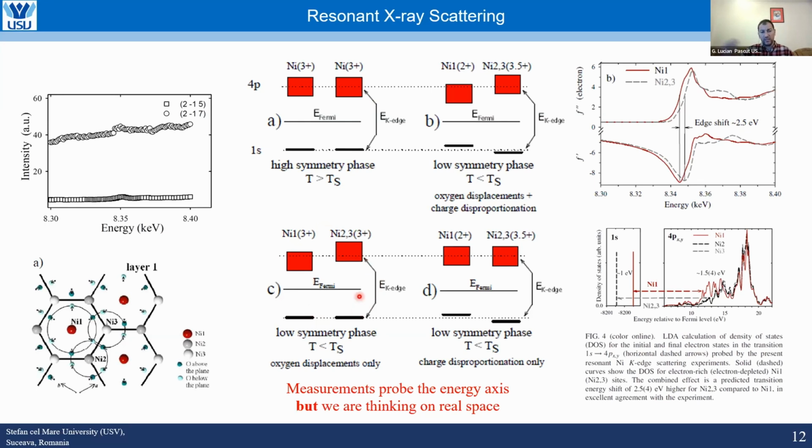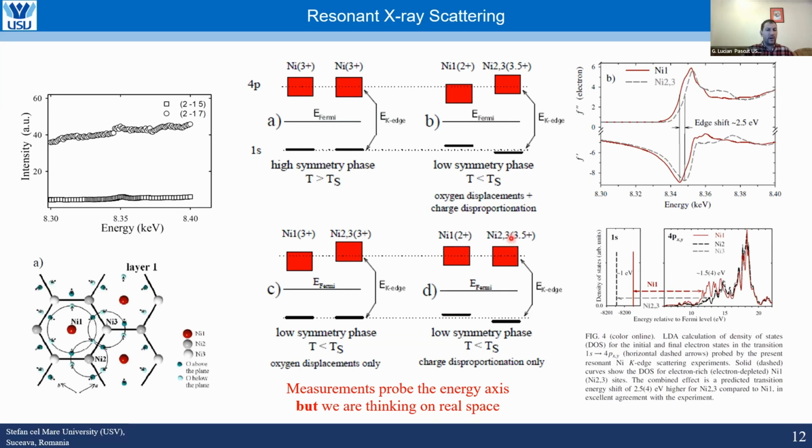Now, if I take the other case where I assume that I have no expansion, but I have charge transfer from one site to another, the site which has more charge, which goes from 3 plus to 2 plus, because I have now more charge in the d orbital, this charge has some probability close to the nucleus, will screen the 1s, so the 1s is less bound and it moves up in energy.